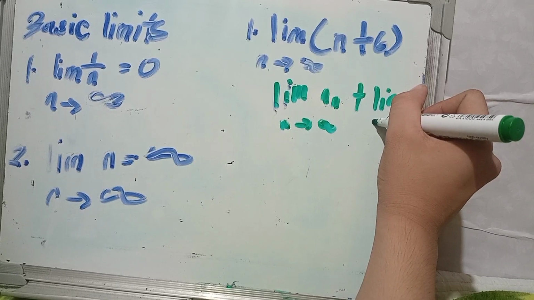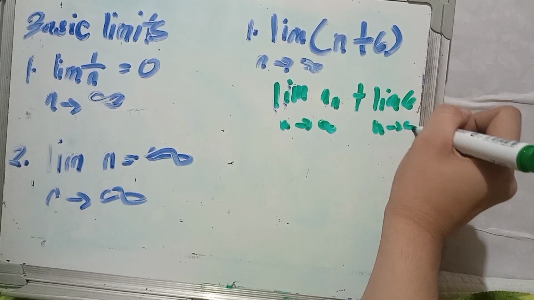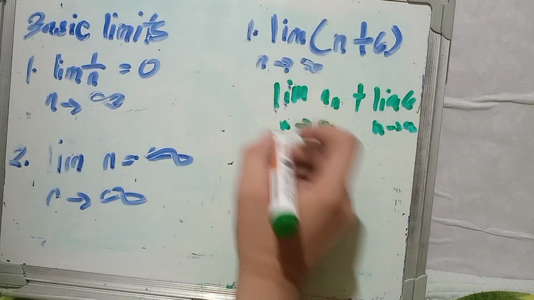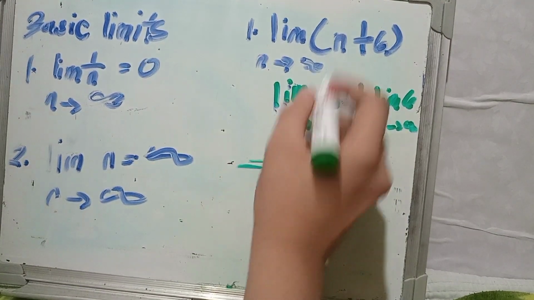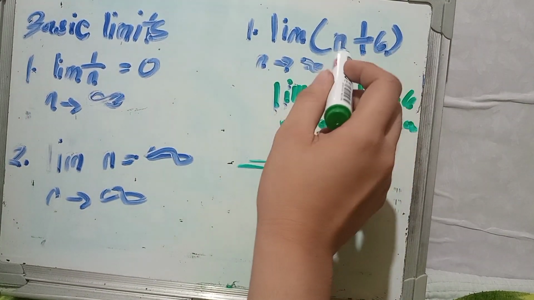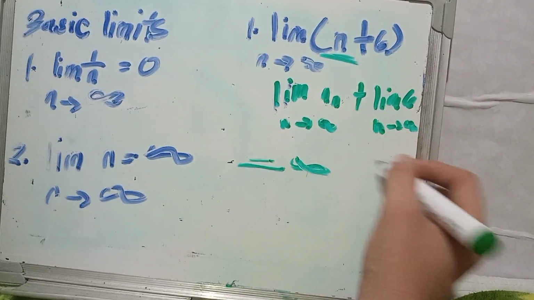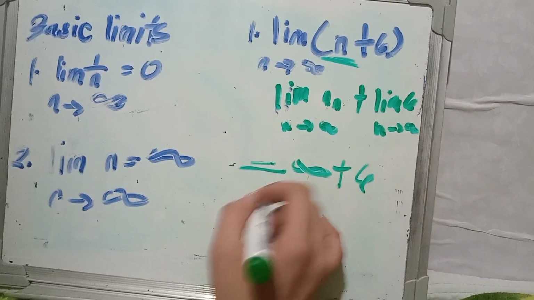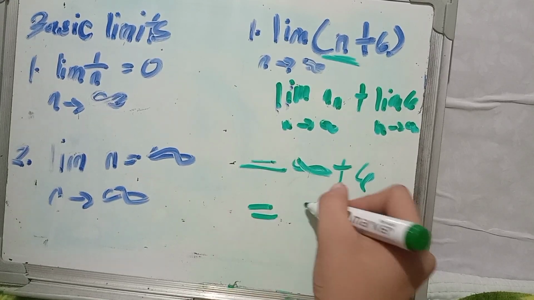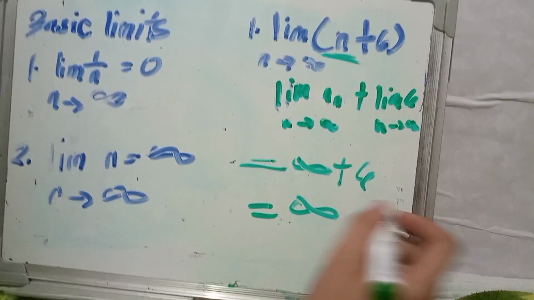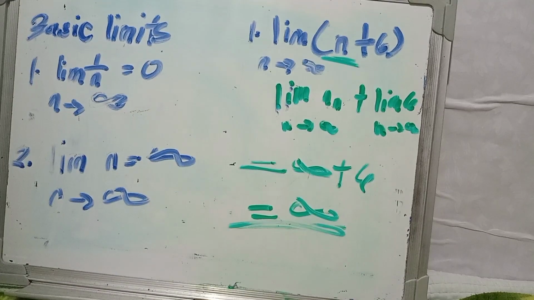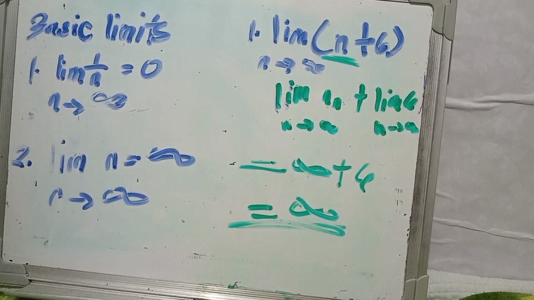To solve that, we substitute the value of n, which is infinity, plus 6, is equal to infinity. So always remember that any constant added to infinity is equal to infinity.